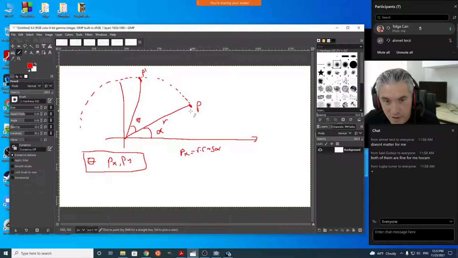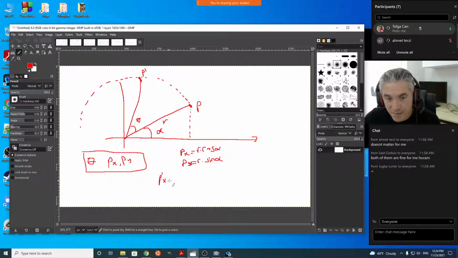So the hypotenuse times the cosine of alpha gives me the x-coordinate. And similarly, the y-coordinate is nothing but r times sine alpha, right? So if we knew this angle, we could write the x and y coordinates like this.